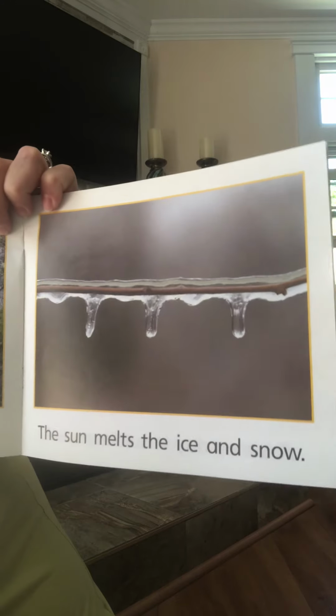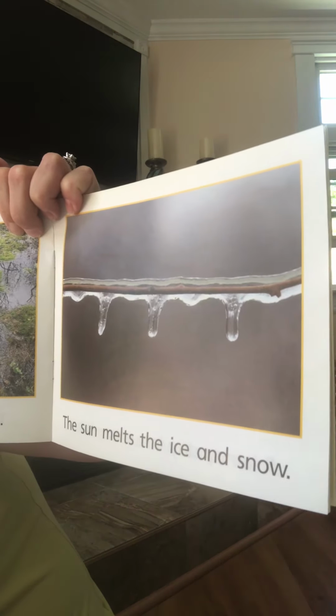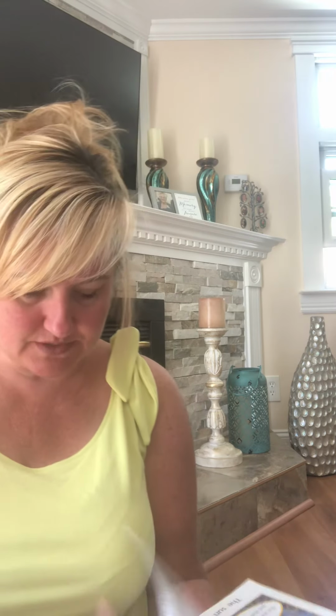The sun melts the ice and the cold and the snow. Wow. So we need that sun to melt everything, because unless the sun came out and it got warmer, things wouldn't melt, and the ground would be frozen. And can you grow anything if the ground is frozen? No, you can't. So there's another detail for why we need the sun to survive.